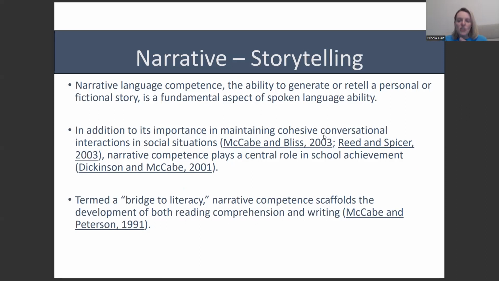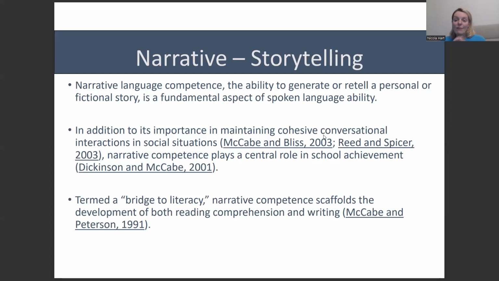It really does help conversational speech, and all across that educational spectrum, we can look at narrative as a key to really improving conversational speech. And again, it's termed as a bridge to literacy. So it's a nice way to move the oral language into the reading aspect as well.